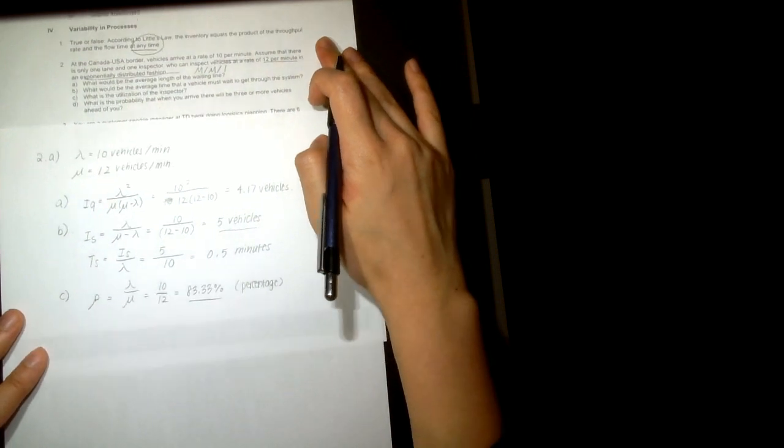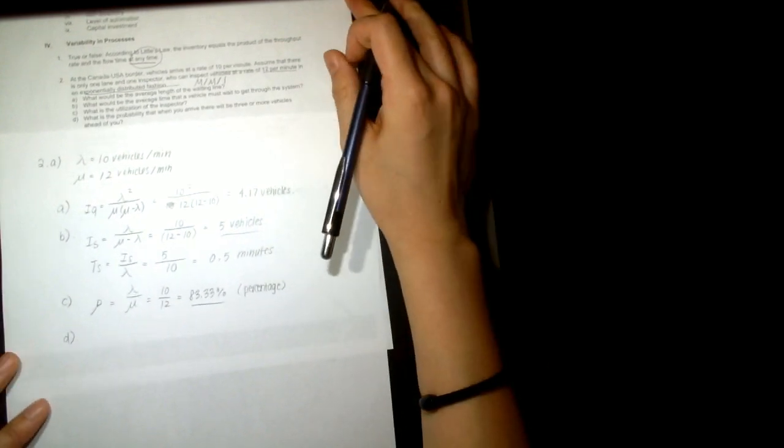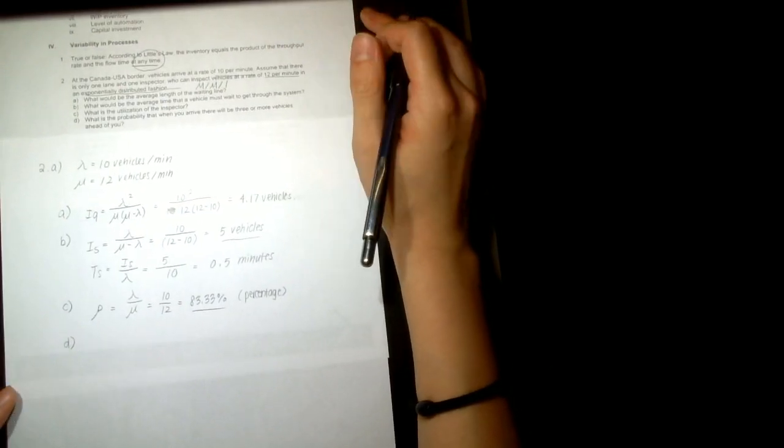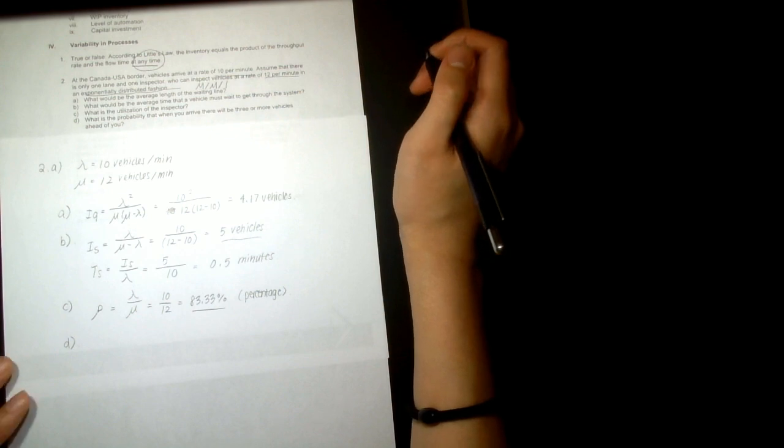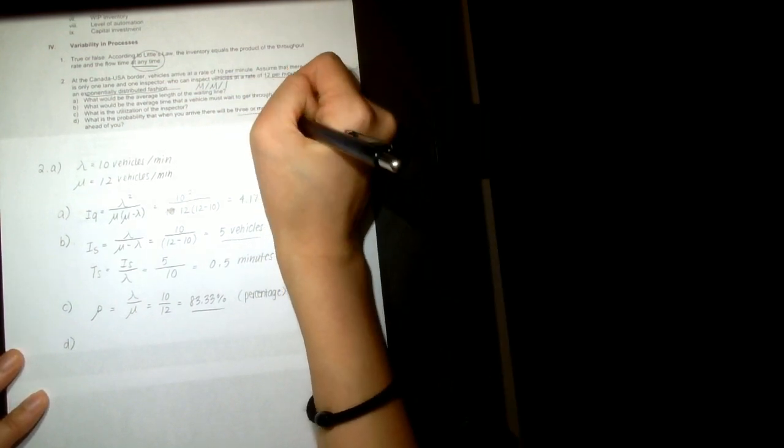Lastly, we have what is the probability that, say, a car enters the system, goes in line, and when you arrive there, there are 3 or more vehicles ahead of you? So 3 or more.